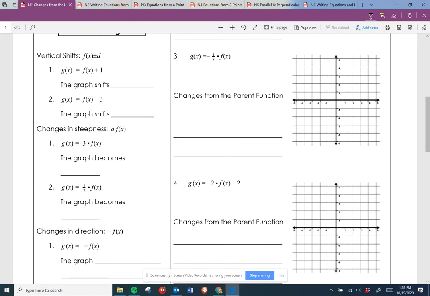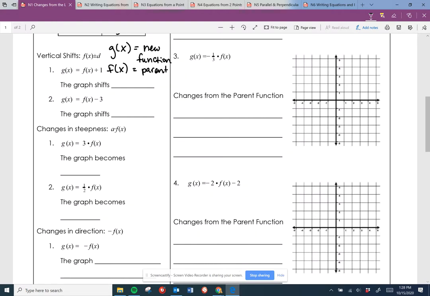So a vertical shift is going to be f of x plus d, okay? So g of x is going to be the new function, and f of x is going to be the old function, which is the parent function, okay? So f of x at this time is going to be the parent. I'm just going to put parent so it'll fit, okay?